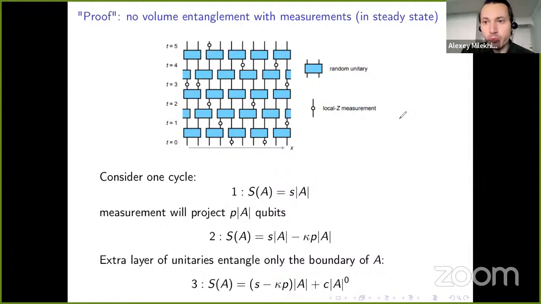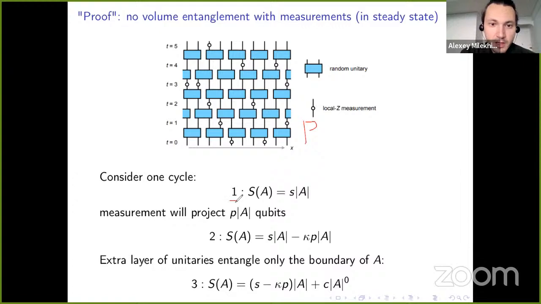Okay, let me prove, in quotation marks, because it's actually not a valid proof. Any projection rate p greater than 0 will destroy the volume law phase of entanglement. So consider one cycle of applying the layer of unitaries, then a layer of projections, then a layer of unitaries again.